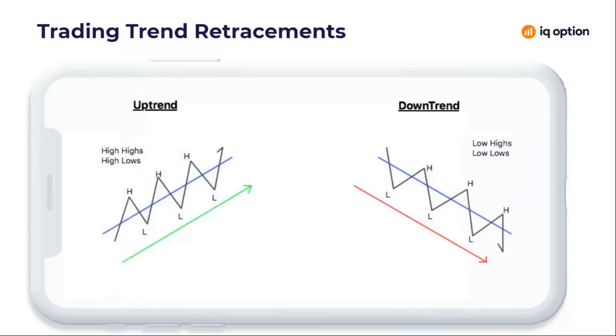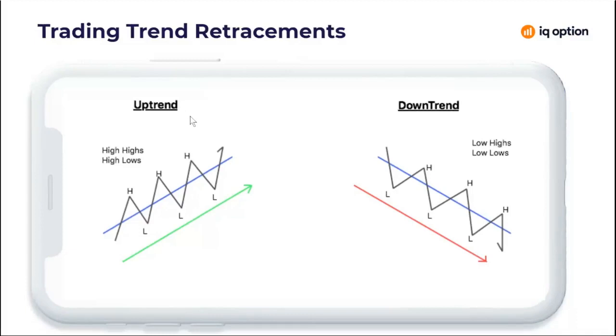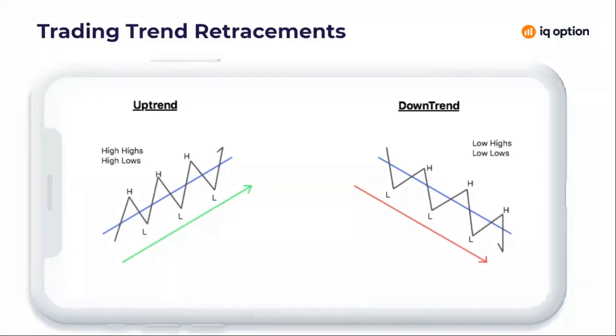Now, we're going to speak a bit more about uptrends and downtrends. It's a breakdown of how we look at the high highs and high lows on an uptrend, and low highs and low lows on a downtrend.